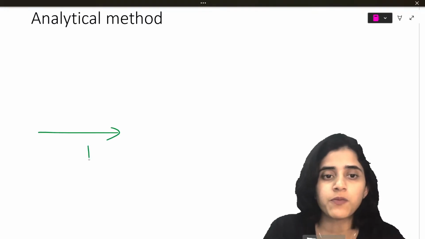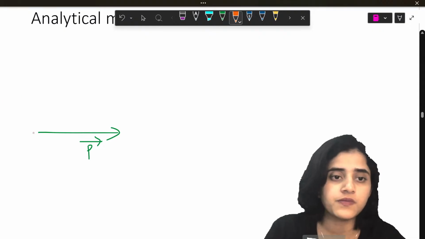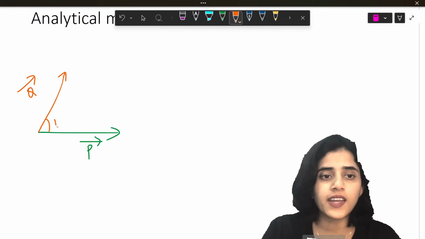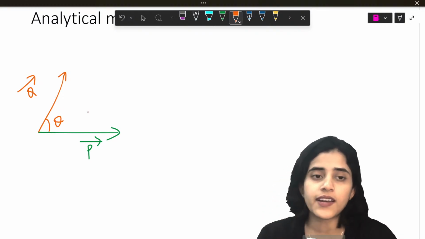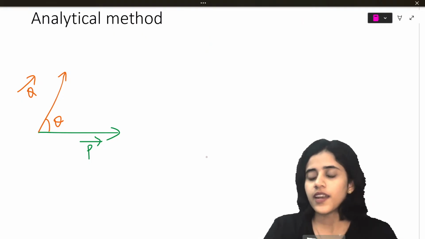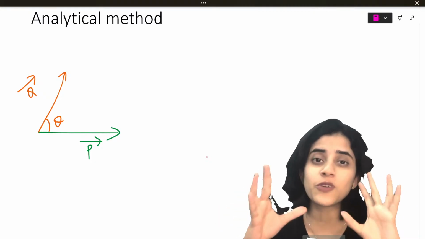So let's say you have vector P and another vector Q, and they are at an angle theta. Now, students, listen very carefully. It's not tricky, but you should understand.